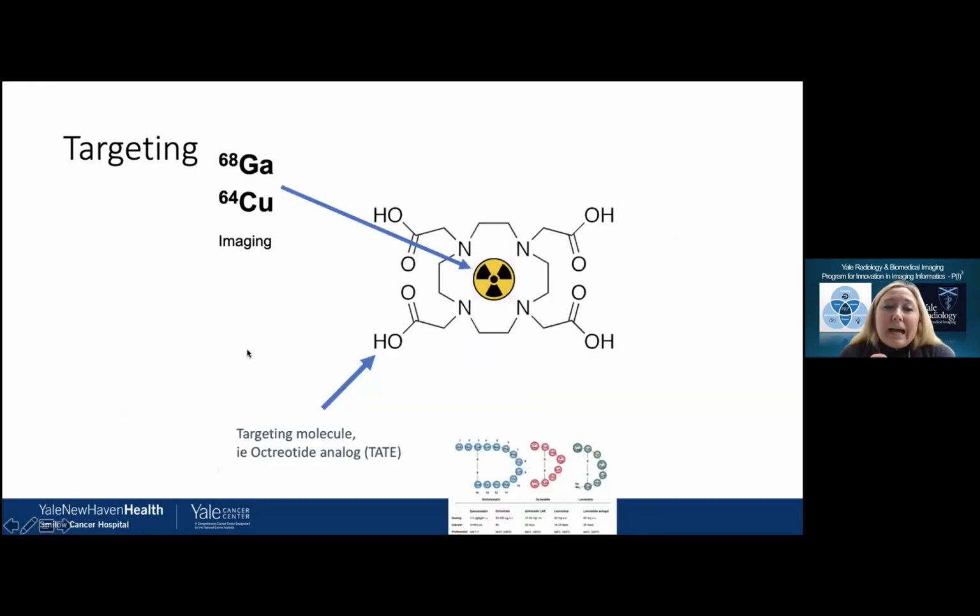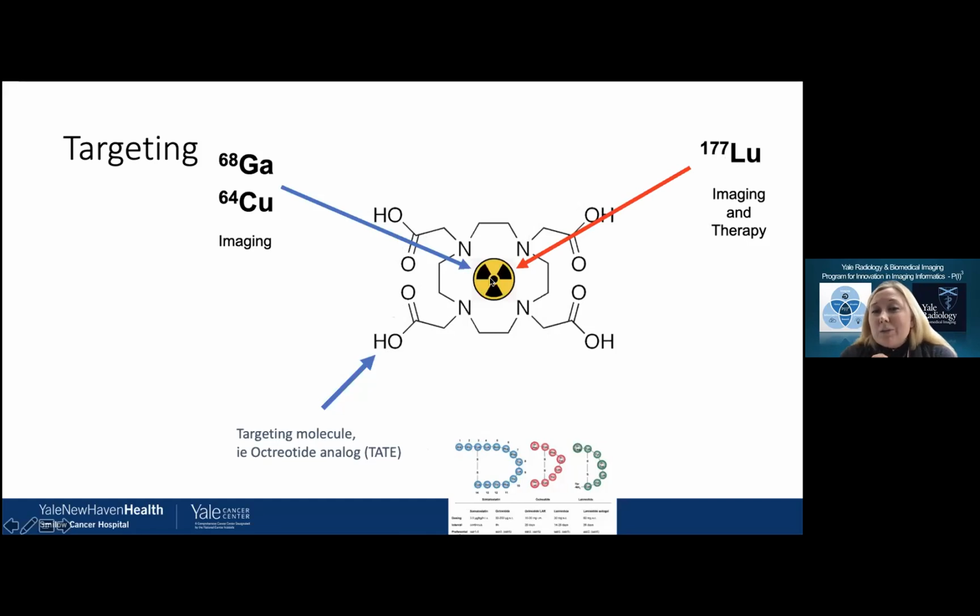Now, what's really nice about this therapy, and this is where it's really revolutionary in medicine, is that you can use this method to image your tumor. So you have your radionuclide, you have your cage, and you have your targeting peptide. But then after you image the tumor, all you have to do is to pop this one out and pop lutetium 177 in.